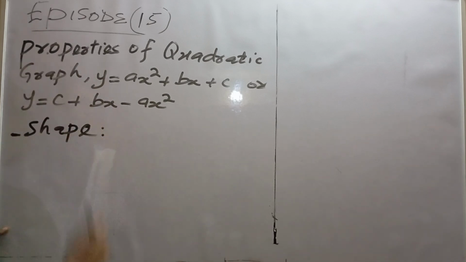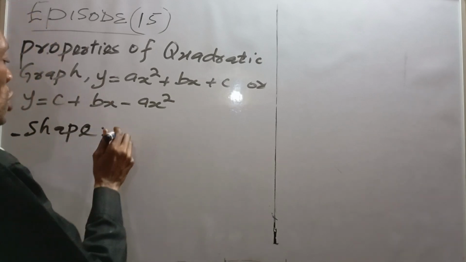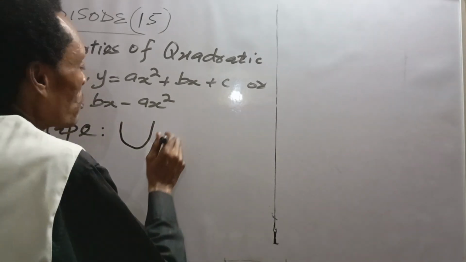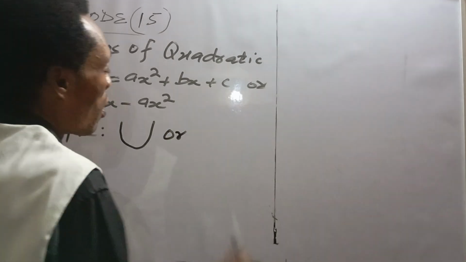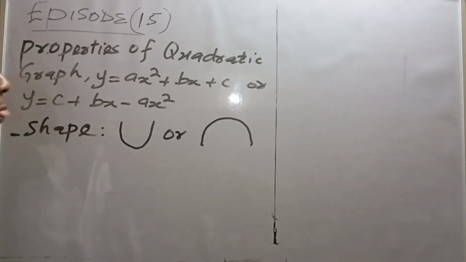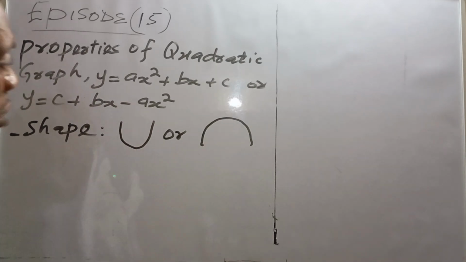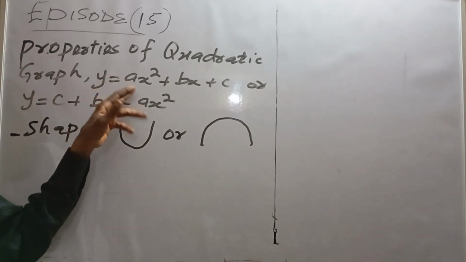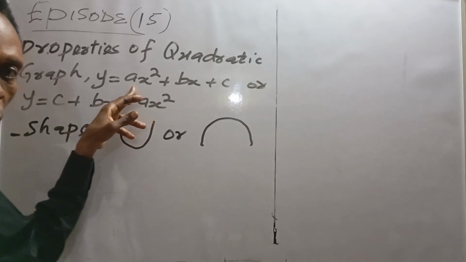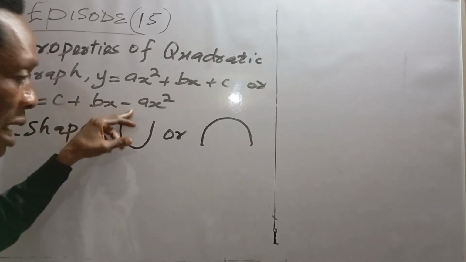So here we have a U shape or N shape. Whether U shape or N shape depends on the value of a. Whether a is greater than 0, or a is less than 0.